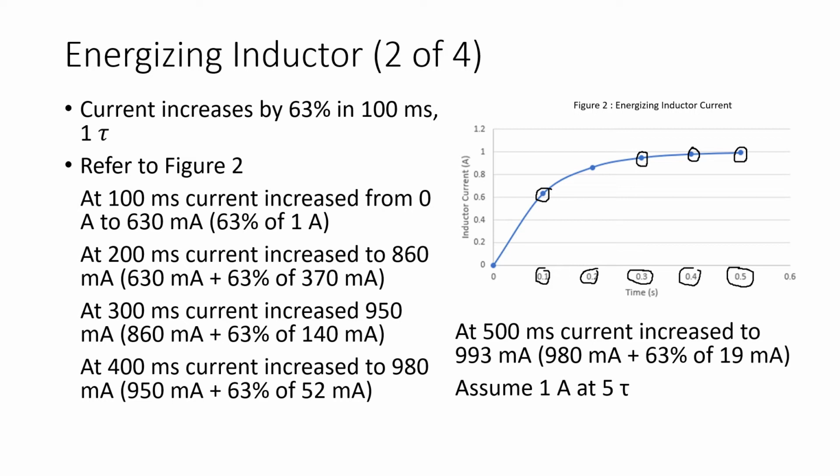Now, the current will never reach 1 amp because during each time constant, the current increases by 63% of the remaining difference. So the current can never mathematically reach 1 amp. However, we assume that after 5 time constants, the current has, for all practical purposes, reached its maximum value of 1 amp.